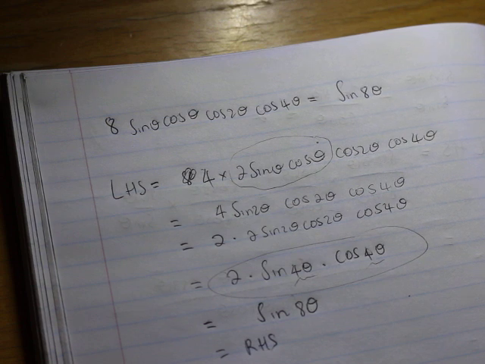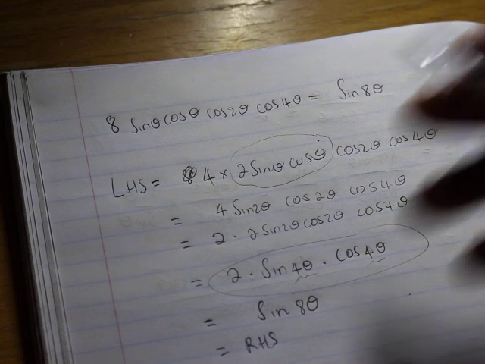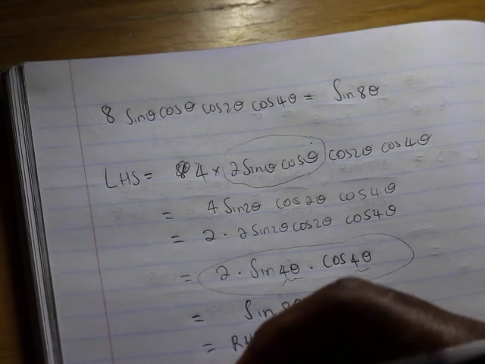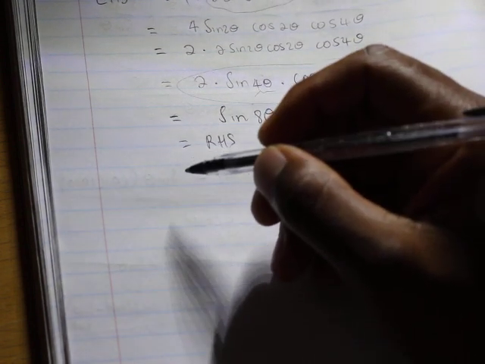Right. Okay. I want to go for something that's got tan as a trig ratio. So here's what we're going to do.